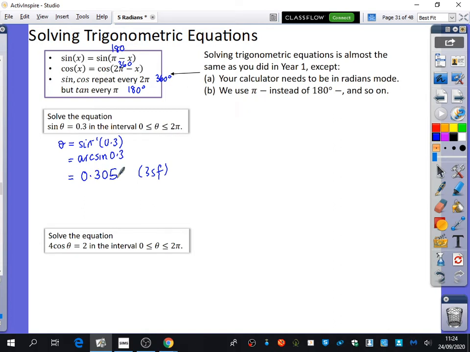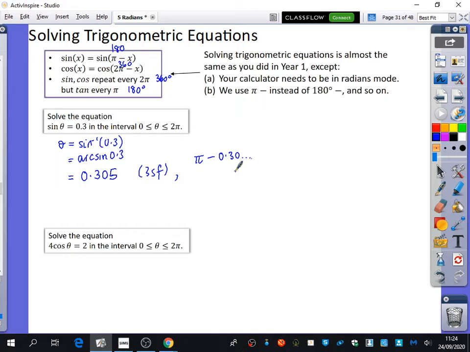Now, when you go back to what the rules say here, to find a second solution, you will do pi minus the answer. And pi is literally just going to be the pi button on your calculator. So your second solution, you're going to find by doing pi minus whatever this answer is, your 0.30 blah, blah, blah. And that's going to give us the second solution.